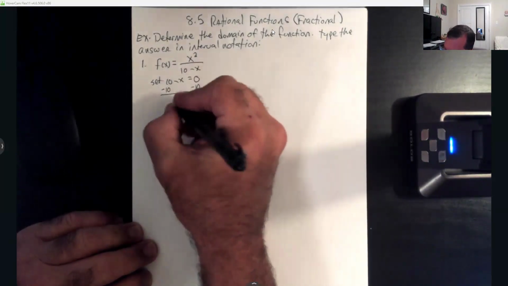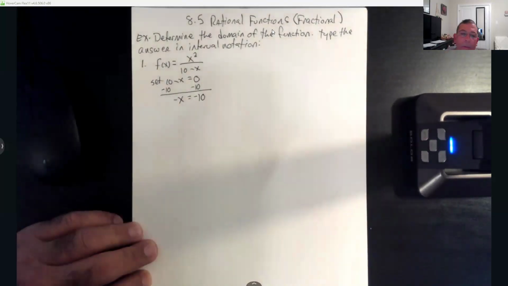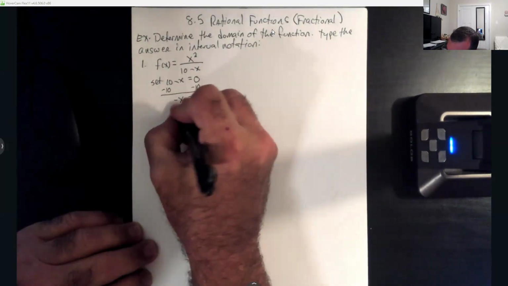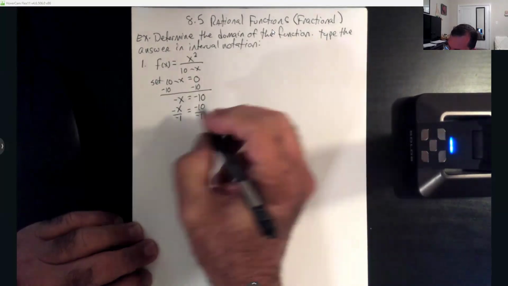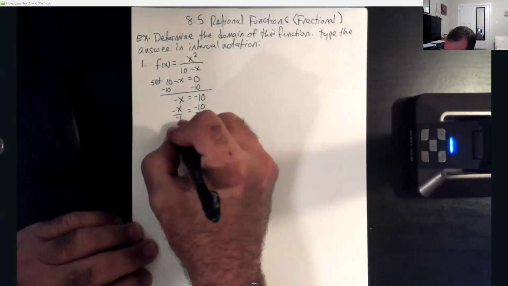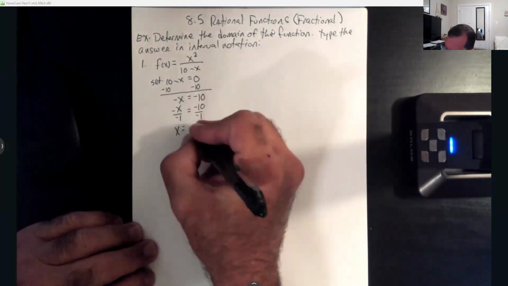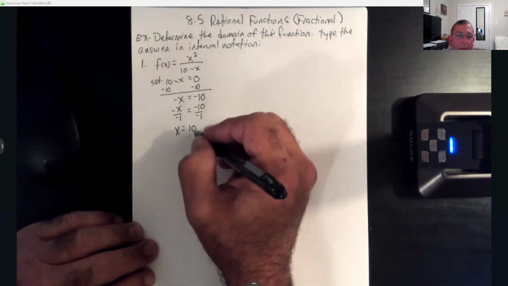I get negative x equals negative 10. And then divide both sides by negative 1. That makes the x positive, and that makes the 10 positive. Two negatives make a positive.